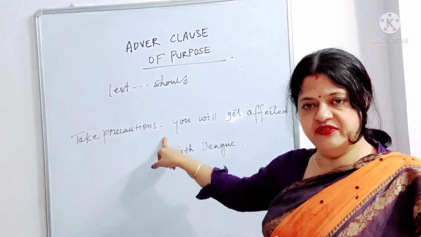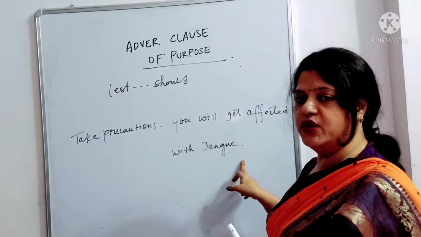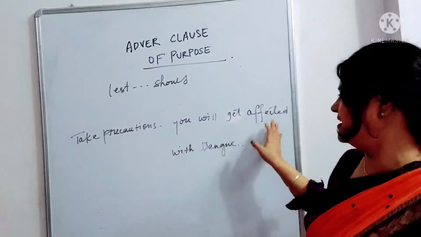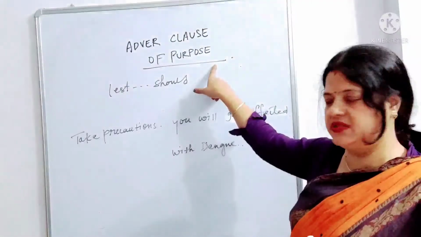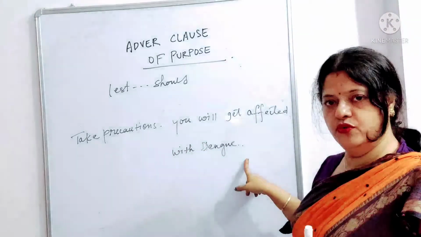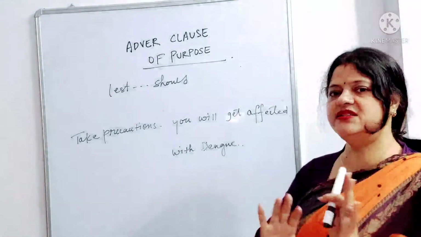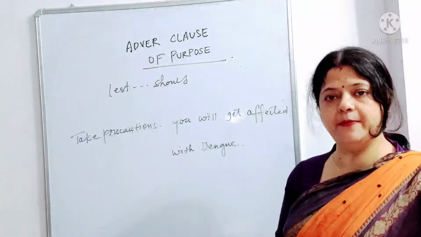Take precautions, first sentence. Second sentence, you will get affected with dengue. Here we see that this second sentence is not showing the purpose. Rather, it's showing negative impact.